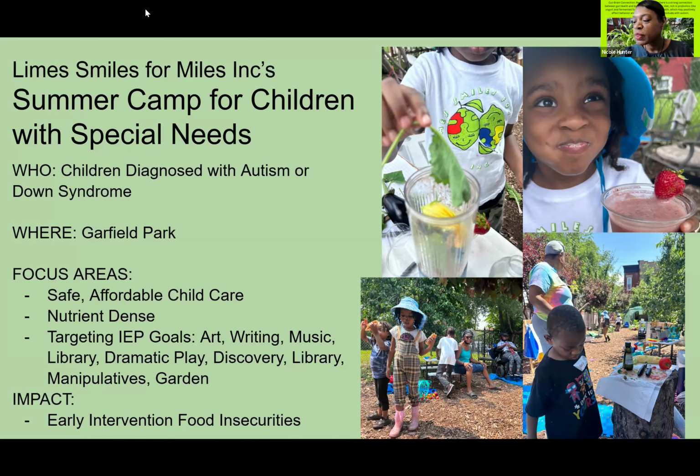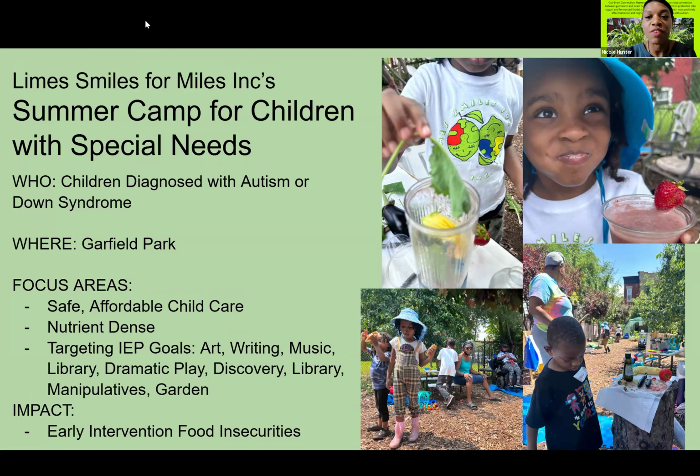So who we are, as I keep mentioning, children diagnosed with autism or Down syndrome, and we're located in West Garfield. But our demographics are North Lawndale, East and West Garfield, Austin area, as well as West Humboldt Park, because we'll just lead it to the focus area.